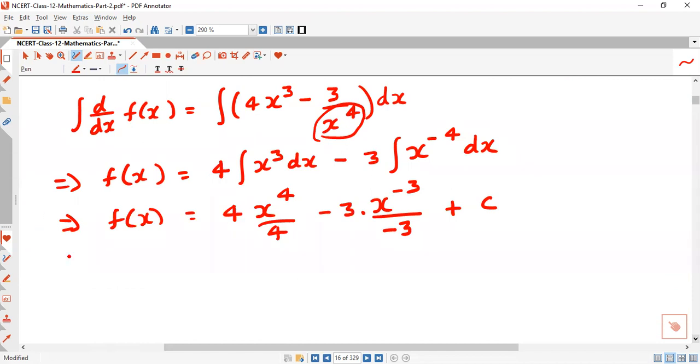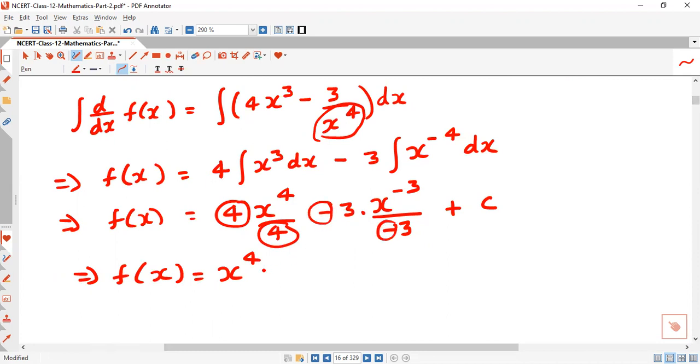Now simplify this part. The function f(x) comes out: this 4 and this 4 cancel out, so it becomes x raised to 4. The minus 3 and minus 3 cancel out, and the two minus signs cancel to give plus, and 3 and 3 also cancel.